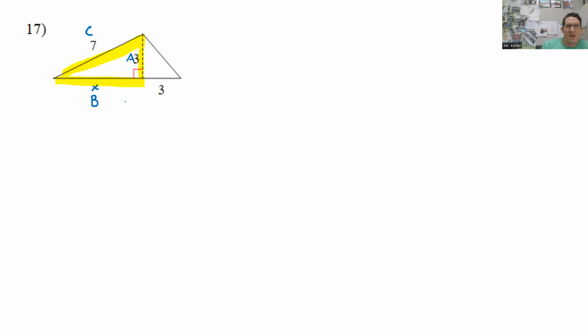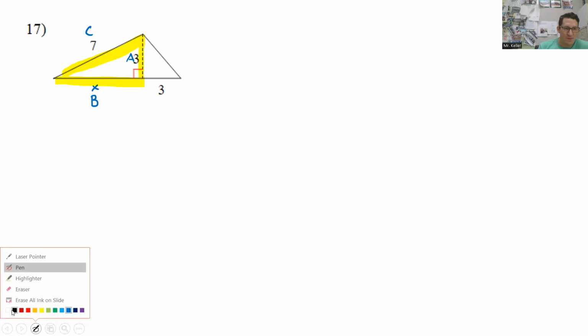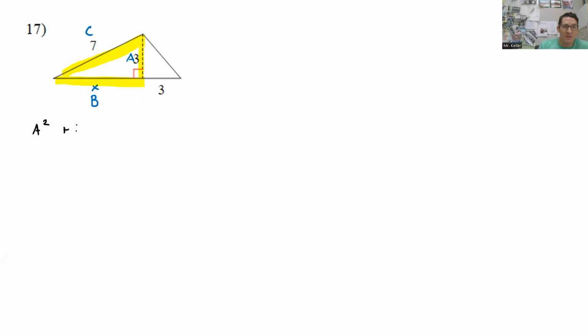Using the Pythagorean theorem, A squared plus B squared is equal to C squared. A is 3, B is X, C is 7. So 3 squared is 9 plus X squared is equal to 49. Solve for X.